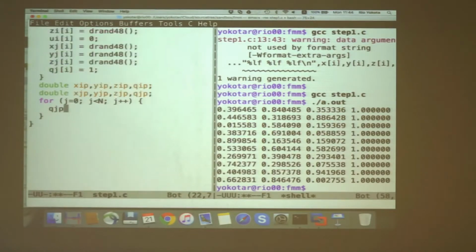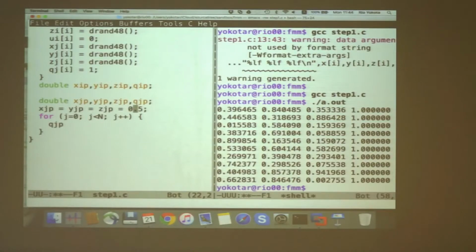Okay, I created all these different values. Since I'm using a random number generator from 0 to 1, the center for these boxes we should know. So xjp should be at 0.5. Actually all of these things should be at 0.5: yj prime, zj prime.